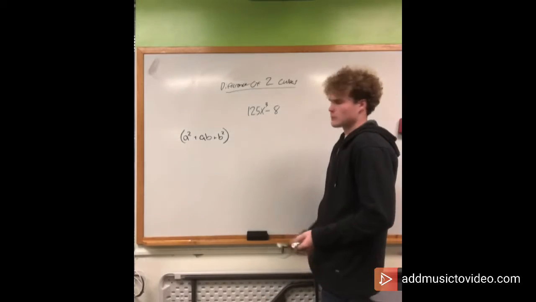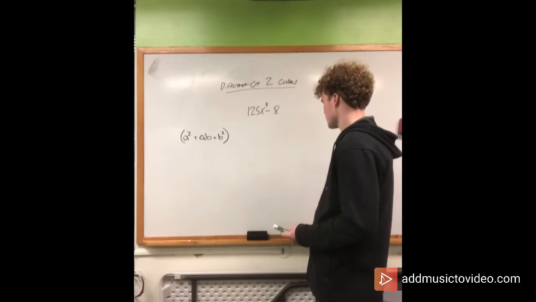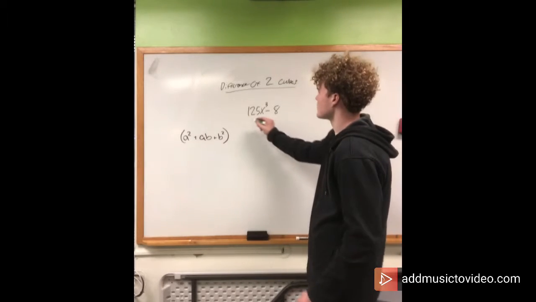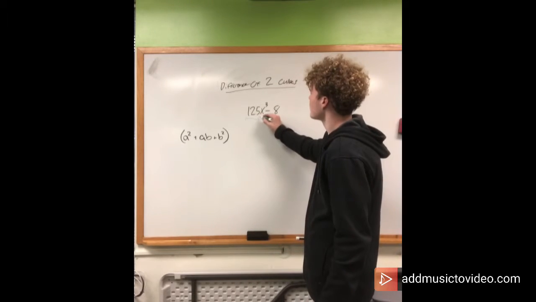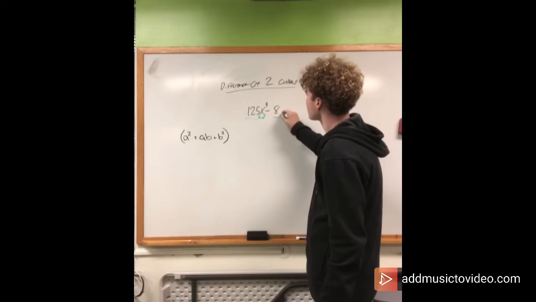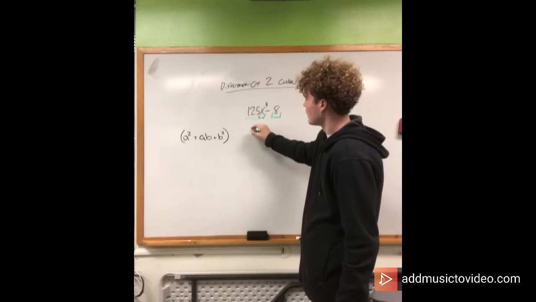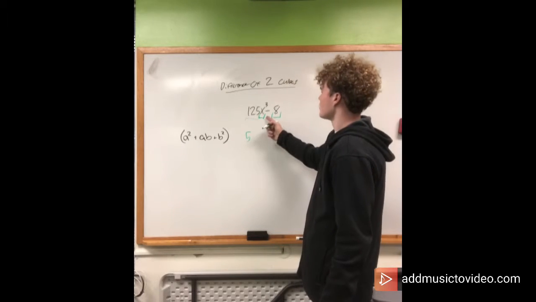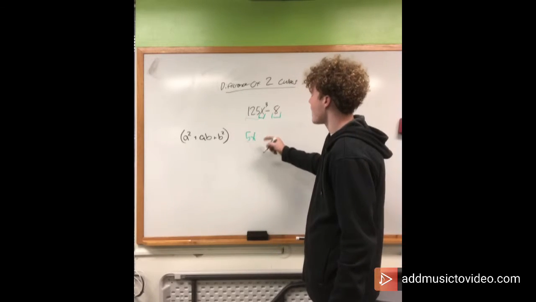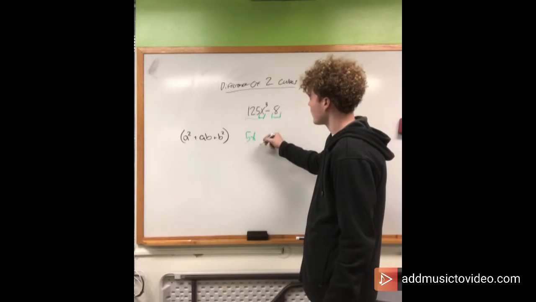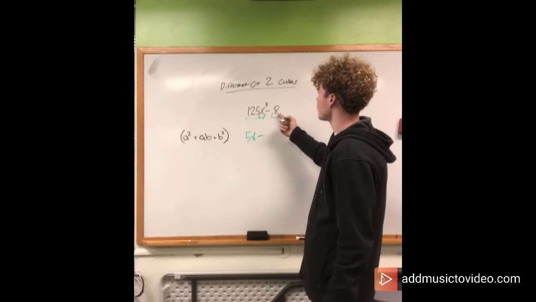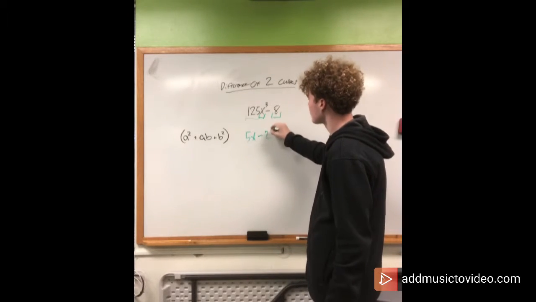Now, a difference of two cubes. First, you would get your equation, which mine is 125x cubed minus 8. Since this is a cube, so is the x, and the 8 is a cube, you take the cube root of 125, which would be 5. The cube root of x cubed would be x, and then you do the same sign because of SOAP. So minus the cube root of 8, which is 2.